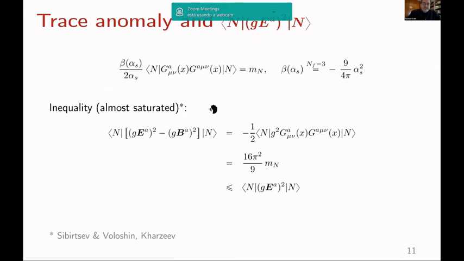So this is the argument for this inequality here, this is G min E. G min E is the matrix element I want, but it is essentially given by this because this is heavily suppressed in a nucleon. So we essentially have this.